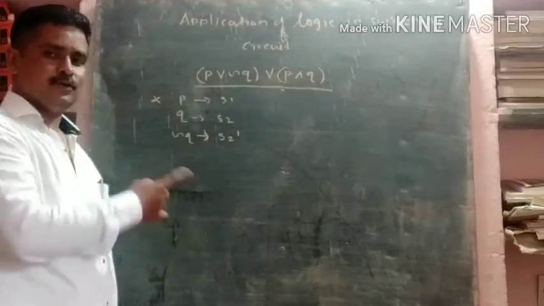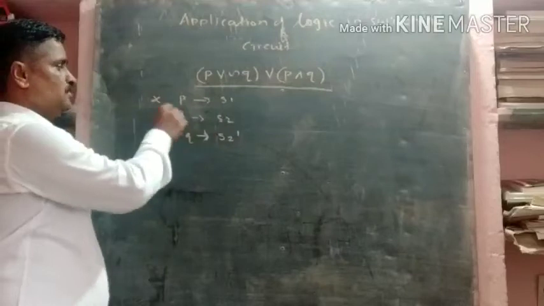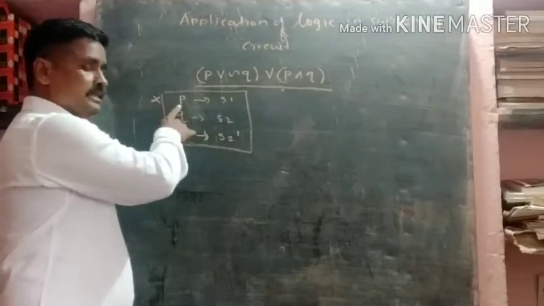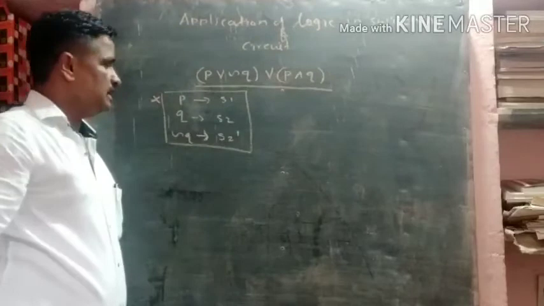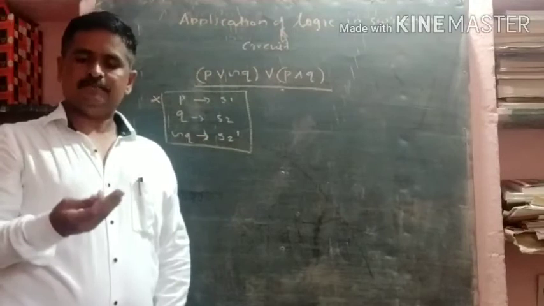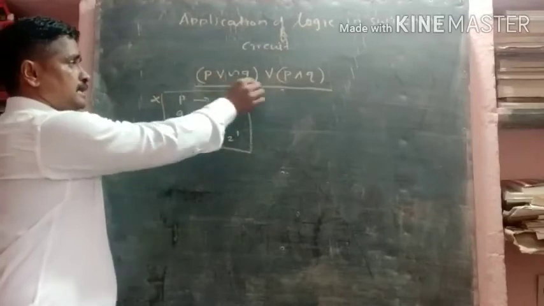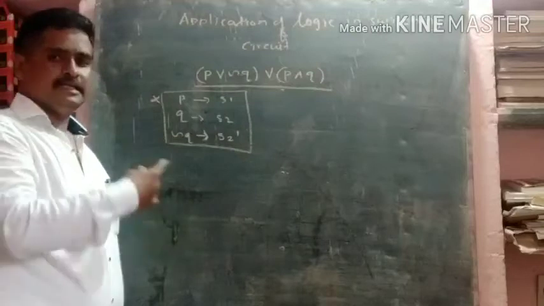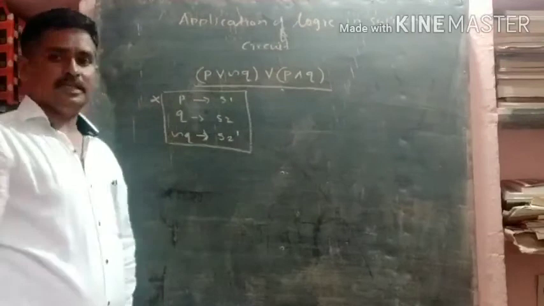That means S2 is Q and S2 dash means negation of Q. So when we construct a circuit diagram we consider P as S1, Q as S2, negation of Q as S2 dash, or if we are given three statements then we consider the third statement as R: P, Q, R. In this case we have been given two statements, P, Q and negation Q.